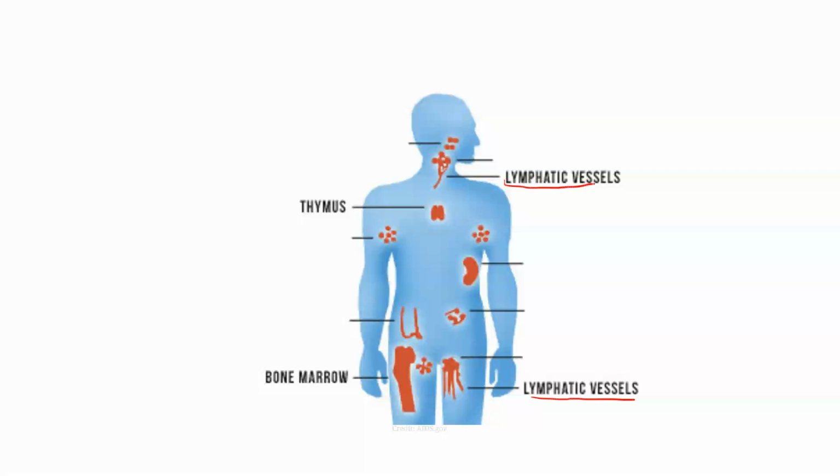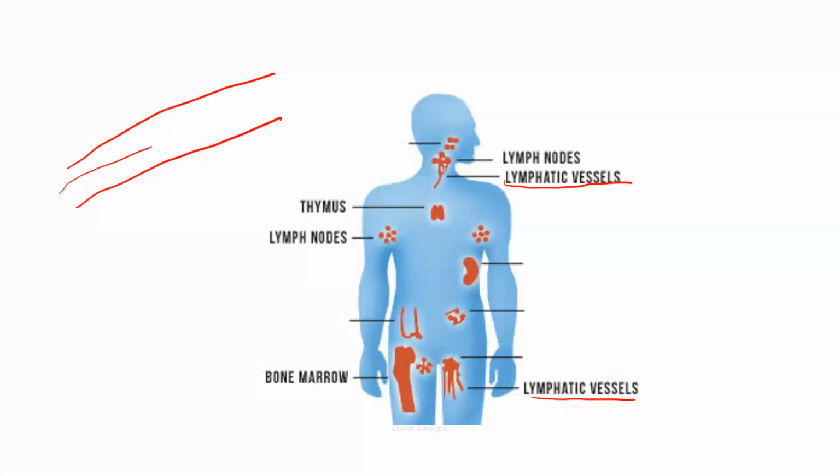Lymphatic vessels are continually taking samples of fluid from around cells and screening it for pathogens. They pass that fluid through a whole network of lymph nodes. If this is a lymphatic vessel, the fluid collected from your body will pass through these tubes.